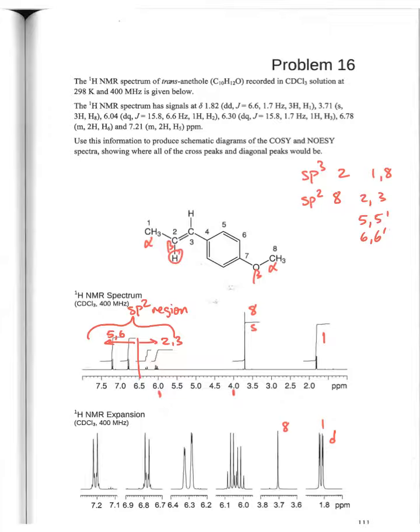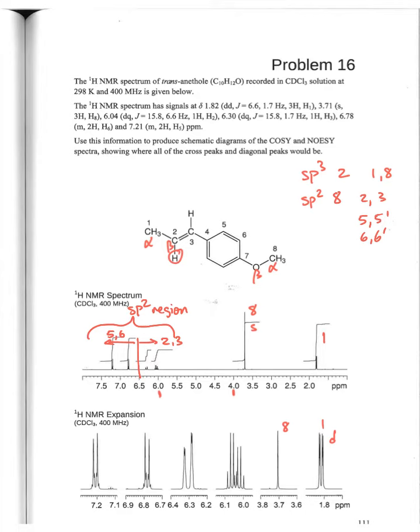What does that most resemble? What peak shape? A doublet, which means it has one neighbor. So do not let your maybe lack of theoretical understanding cloud your better judgment. That looks really complicated, right? So why does it look like that?